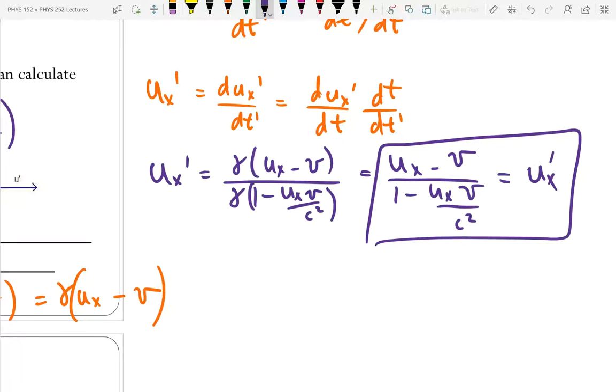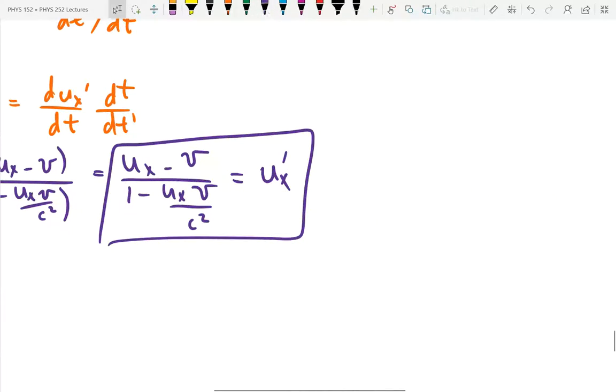Now let's compare that to what we have done in the past, the Galilean transformation. Remember, the Galilean transformation was: velocity of object A with respect to reference frame S prime is equal to velocity of A with respect to S plus velocity of reference frame S with respect to S prime.